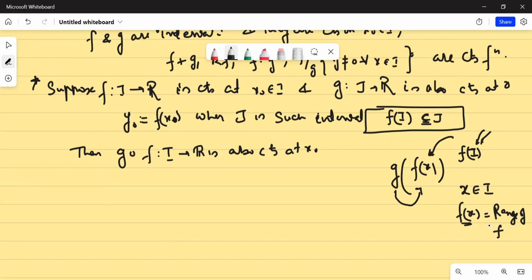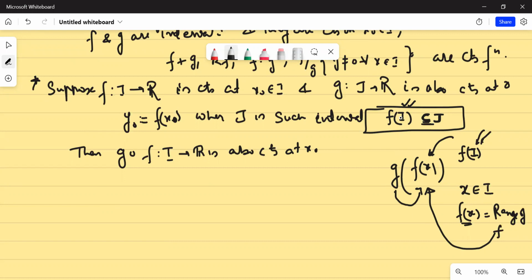Is that clear? Yes. And this range of f must fit inside the domain of g. So the statement is that f of I must be a subset of J. J is the domain set of g. So your range set of f must be a subset of J. Only then you can define a composition.